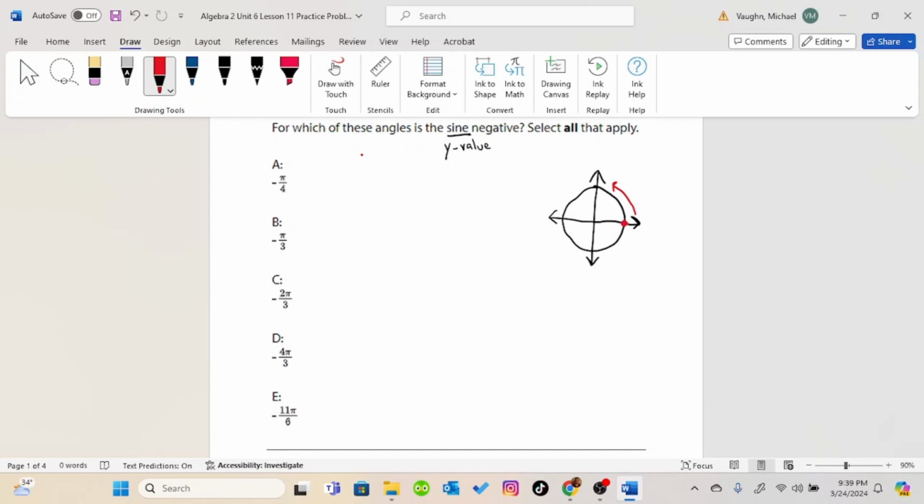And when we rotate counterclockwise, we have positive angles. However, we could also start at point P and we could rotate clockwise. And if we rotate clockwise, we're going to have negative angles.